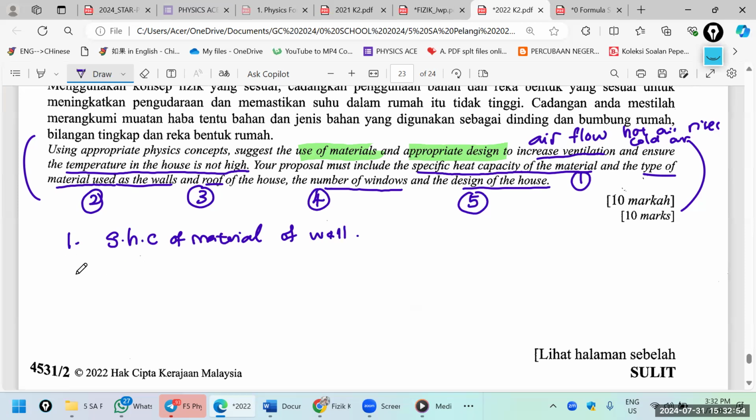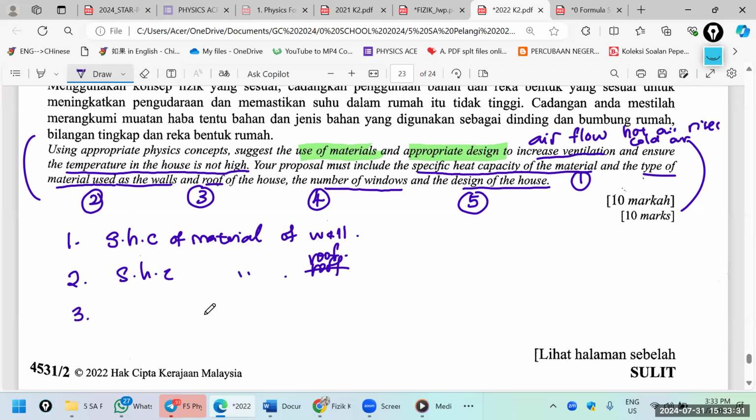Then number 2, type of material. Specific heat capacity of roof.